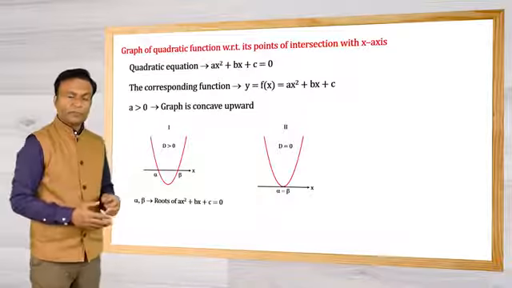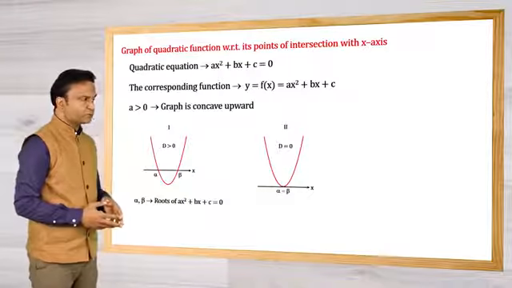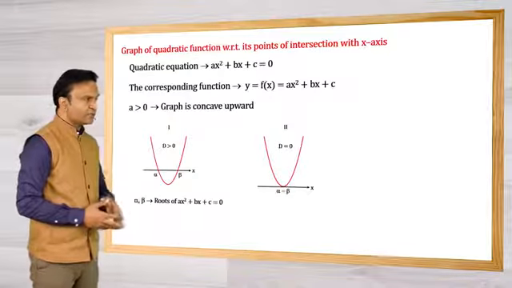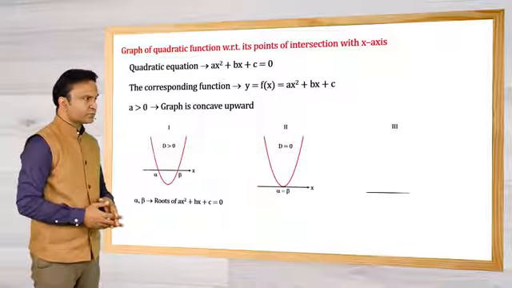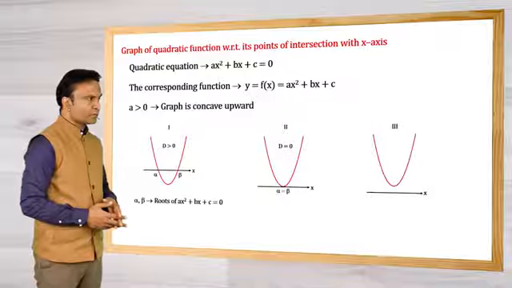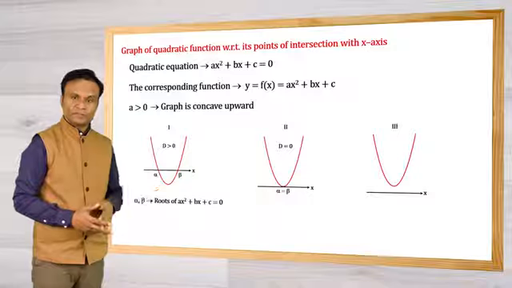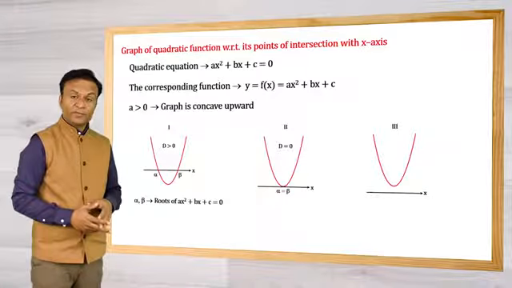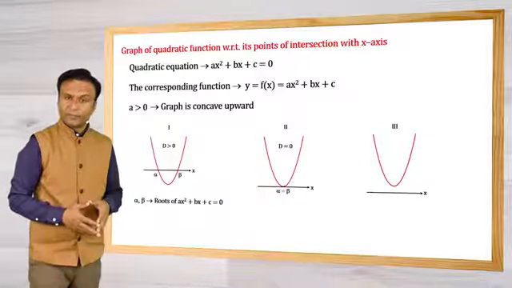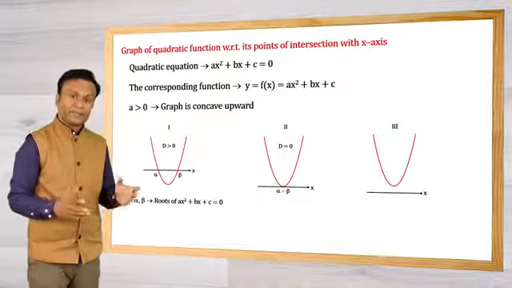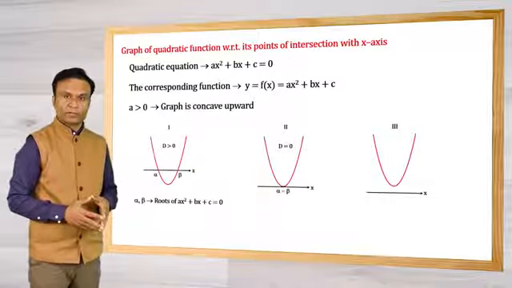Now we have a third possibility in which the graph is like this. Here the graph always lies above the x-axis. That means there is no real value of x which makes f(x) = 0.